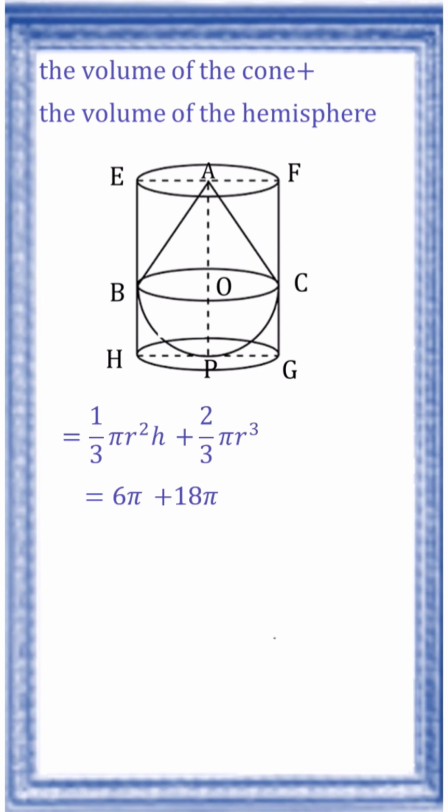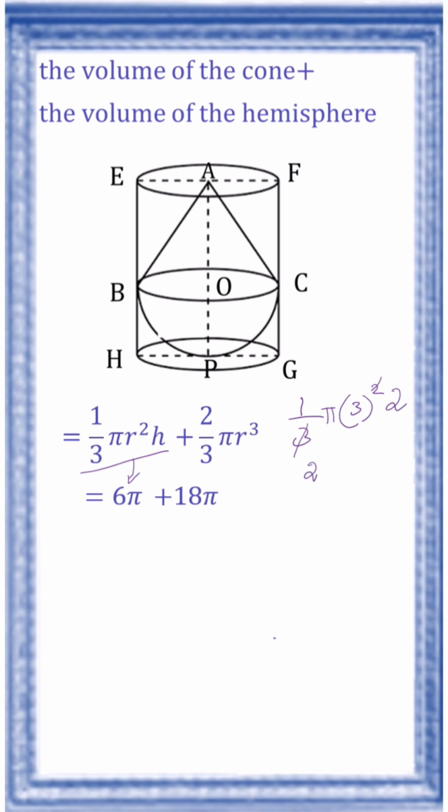How did I get 6 pi here? 1 by 3, let us keep pi as such. Radius of the cone is 3, 3 square, height of the cone is 2. Here 1 by 3 gets cancelled, 3 into 2 is 6.